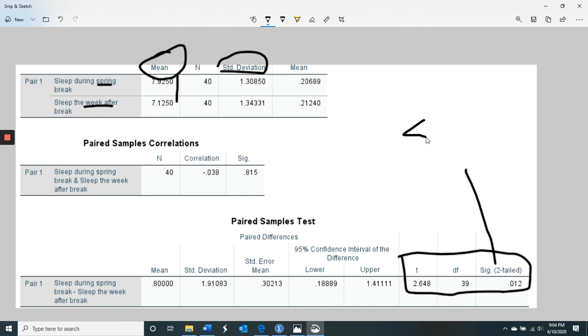So this number down here in the sig is less than 0.05. When we have that sig less than 0.05, then we reject the H0. We reject the H0. So when we reject the H0, we're saying there's some difference here.